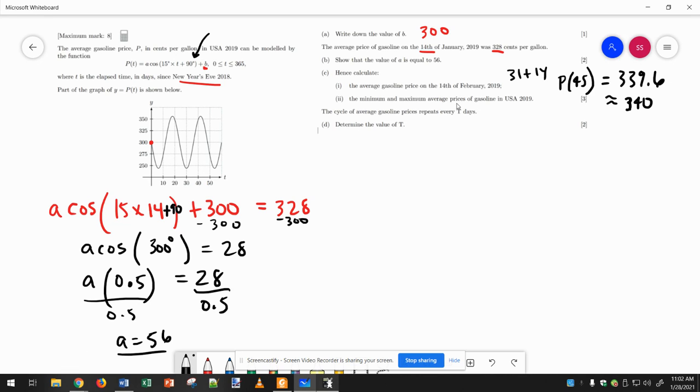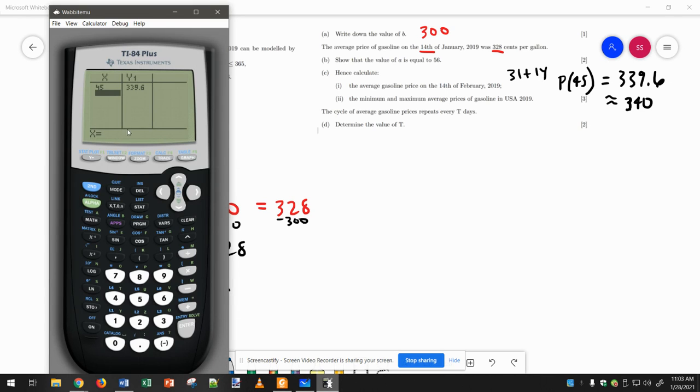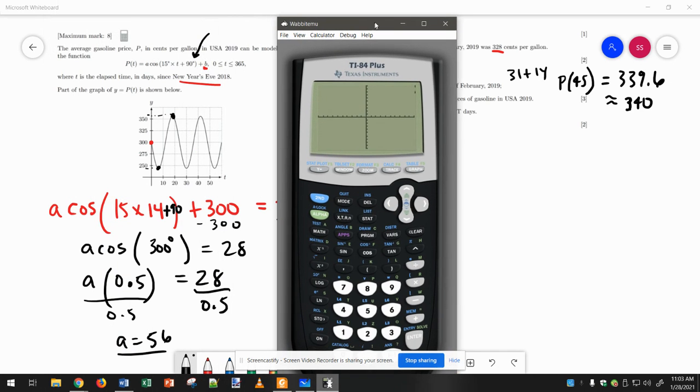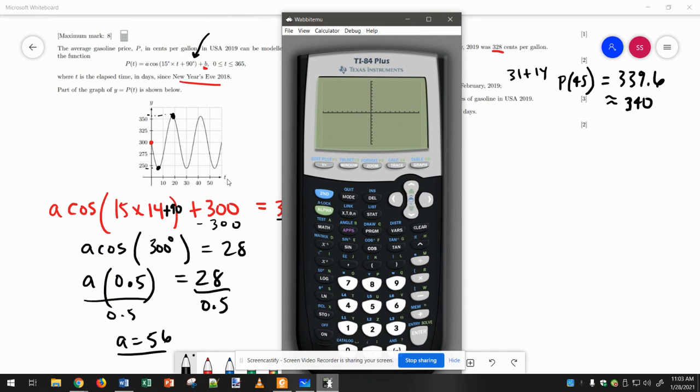The minimum and maximum average prices, that's going to be from the graph. So we want this point and this point, but you can't really tell. You're not supposed to just estimate it. You're going to have to get your calculator and look at the graph. If I just hit zoom 6 or graph, I'm not going to see really anything. I need to change the window.